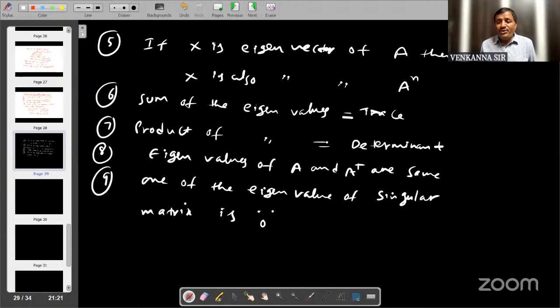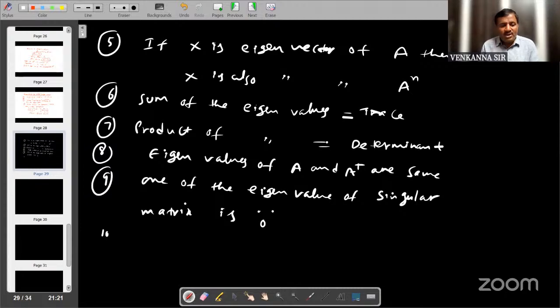As all of you know, why is one of the eigenvalues of a singular matrix 0? What is the determinant of a singular matrix? The determinant of a singular matrix is 0. So determinant is equal to what? Product of the eigenvalues. That's why one of the eigenvalues is 0 for a singular matrix.